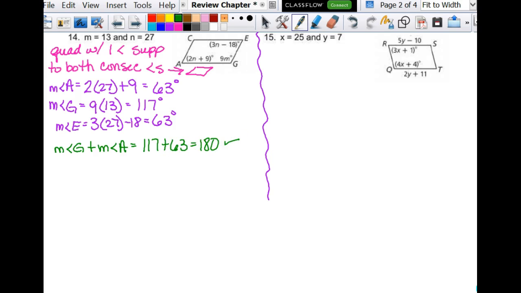So G is supplementary to A. Then the measure of angle G plus the measure of angle E is equal to 117 plus 63, which is also equal to 180. So I have shown that G is supplementary to both of them, and that justifies my theorem.